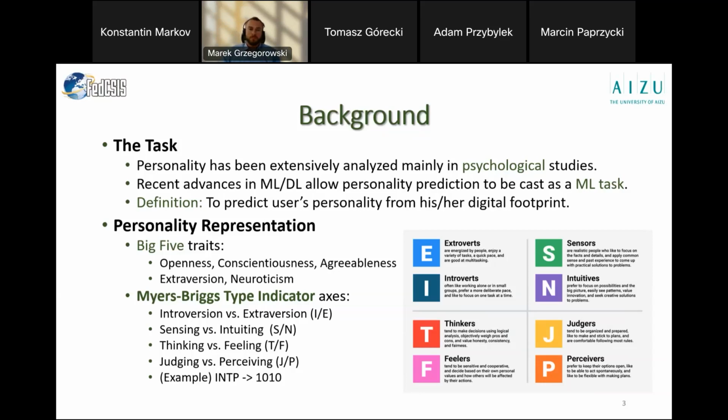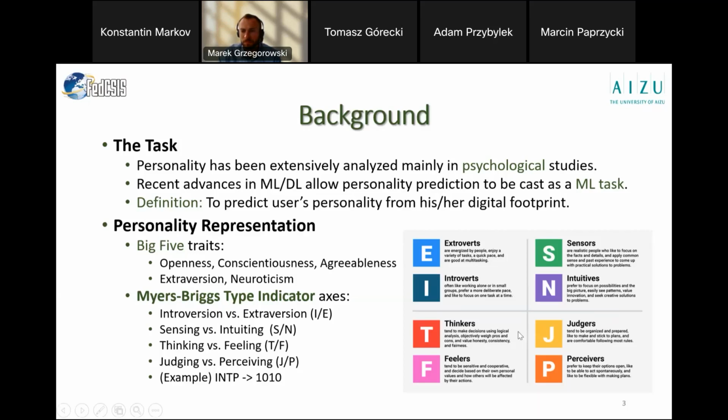There are 8 indicators, which are merged into 4 axes. Basically, these axes are introversion versus extroversion, sensing versus intuiting, thinking versus feeling, and judging versus perceiving.